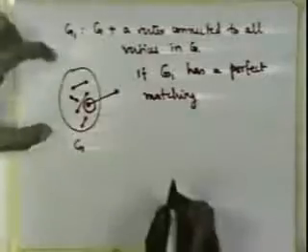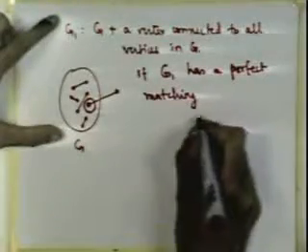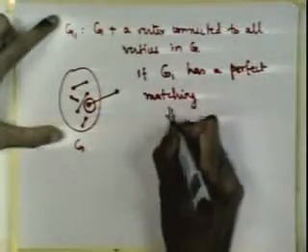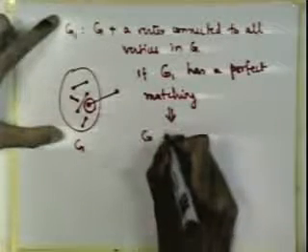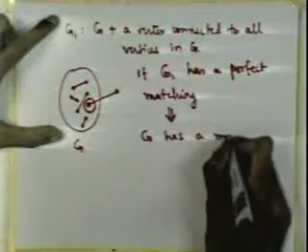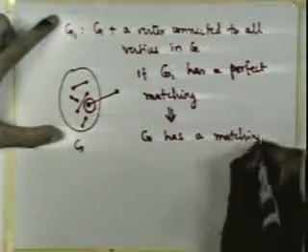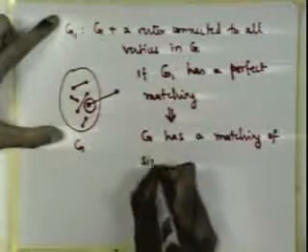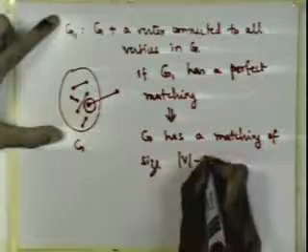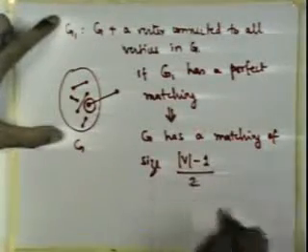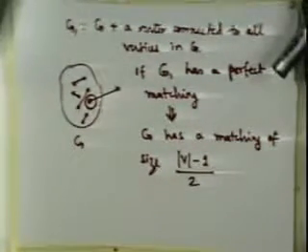This implies that G has a matching of size (V minus 1) by 2, and this is the size of a maximum matching, clearly.